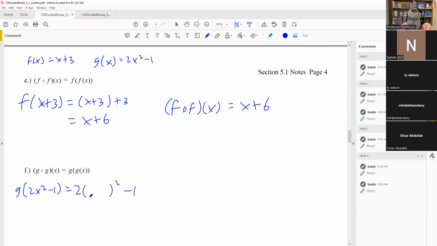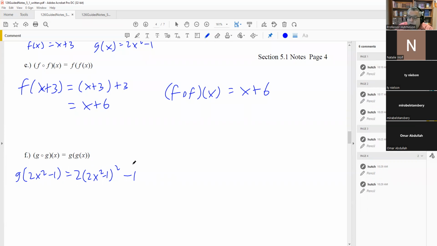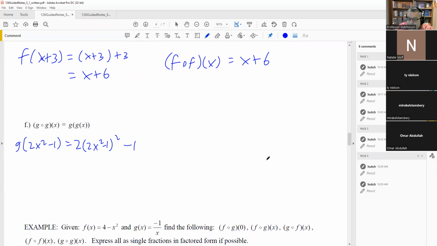Replace the x, the blank, with 2x squared minus 1. Now this is another one that you could expand, and if you expand it, you'll get x to the 4th power. But again, if you were to put this into MyOpenMath, it would accept that as an answer. So again, I did show that in the notes where I expanded it, but I'm not going to do that here. Just go ahead and leave that as your answer.